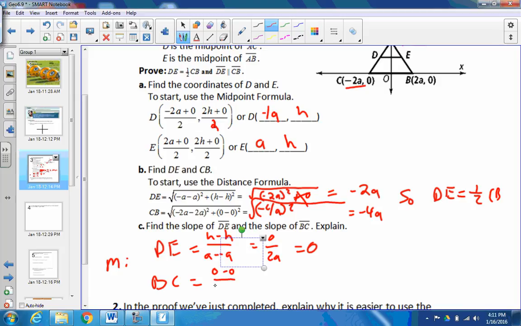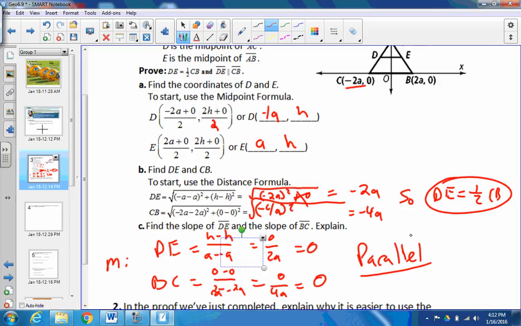There we go, we have 0 on top. And x2 minus x1 is negative 2a minus negative 2a. So we have 0 over 4a, which is equal to 0. Same slopes, they are parallel. And that's right there. We do not have to say anything else other than we just proved what we wanted to prove. Alright?